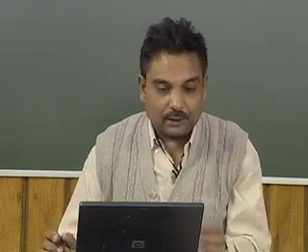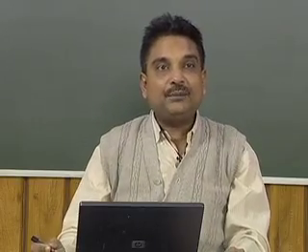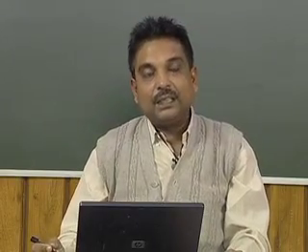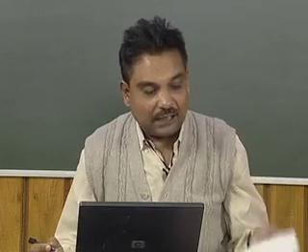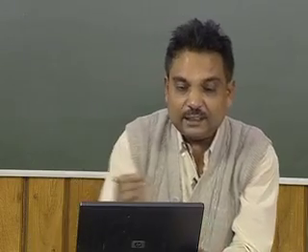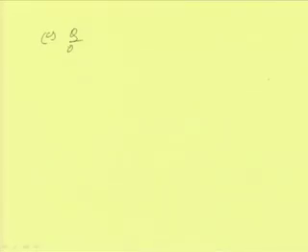Now, the third part, part C of the problem, wants to know what is the heat flow rate from the slab. For this case we have a plot of Q by Qi versus Fourier into Biot square for various Biot number.